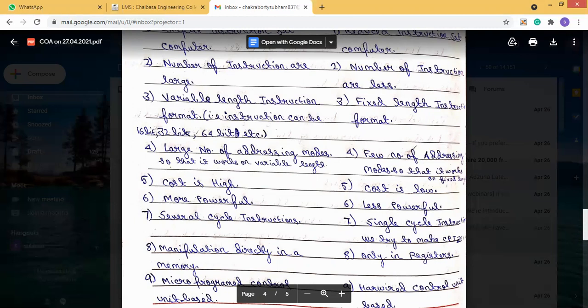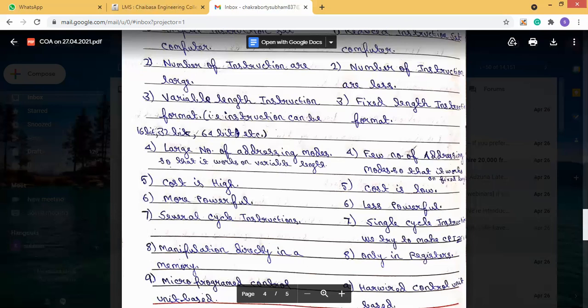In case of CISC, several cycle instructions are required. Several cycle instructions means there is no constraint that the instructions will be executed in one clock cycle. But in case of RISC, single cycle instructions are required. In pipelining, you have seen cycles per instruction. The first instruction requires some time, and after that we try that clocks per instruction will be 1.